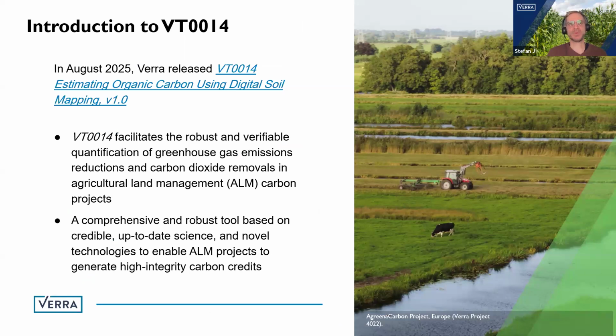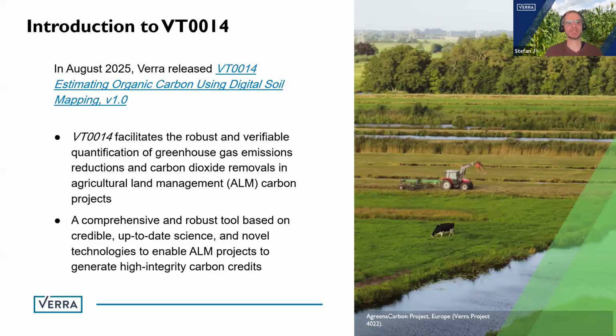Great, just a high-level point on VT14, and then I'll hand it over to Carolina. So this tool was published in August 2025, and we believe it will facilitate the robust and verifiable quantification of greenhouse gas emission reductions and CO2 removals, specifically in agricultural land management projects.